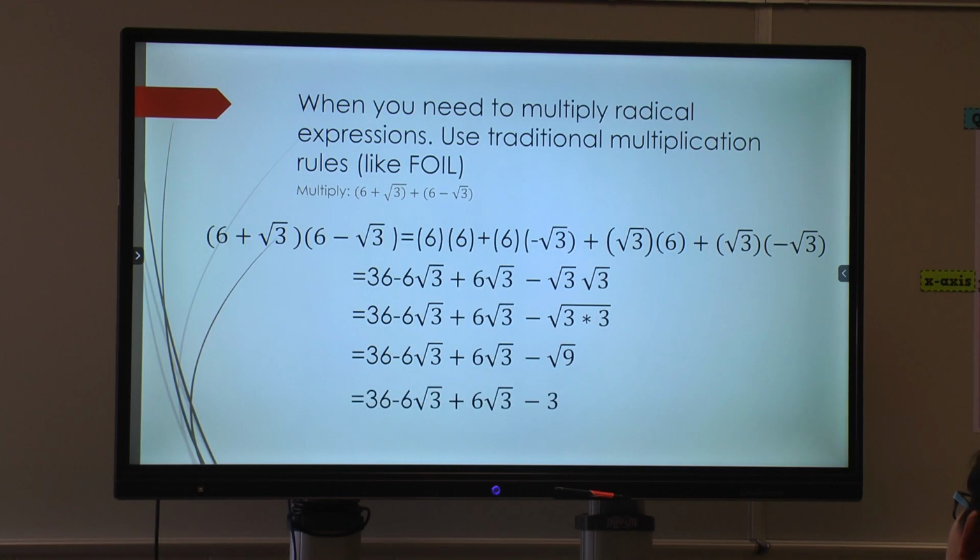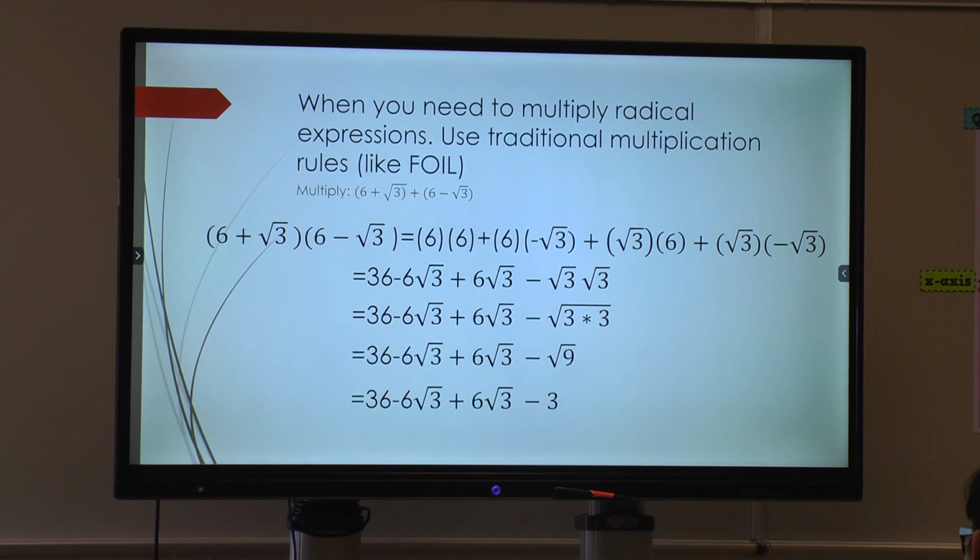Now, I see I got 36 minus 6 radical 3 plus 6 radical 3 minus 3. What do you see about the radical? One is a minus and the other one's a positive.